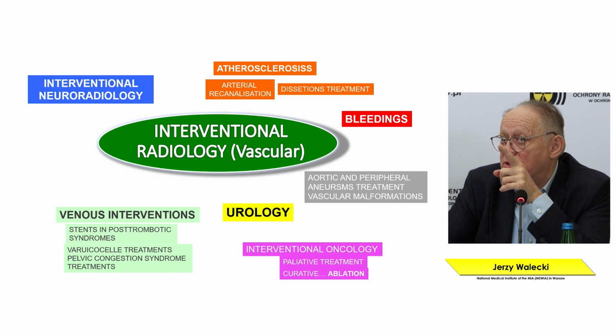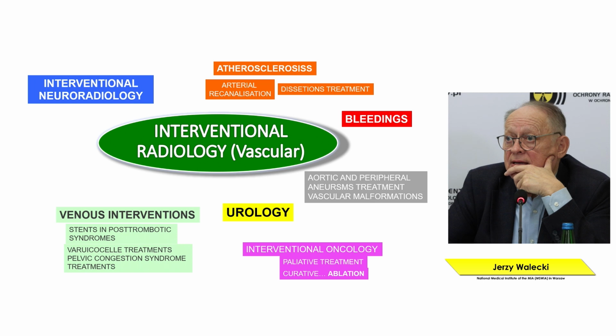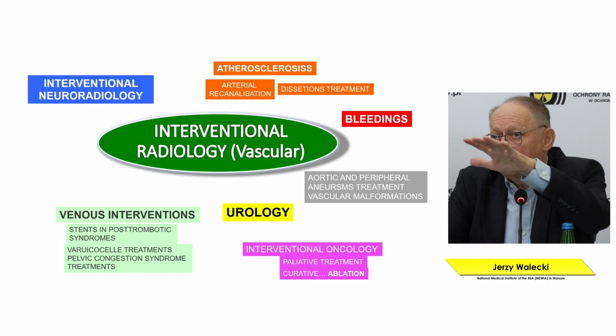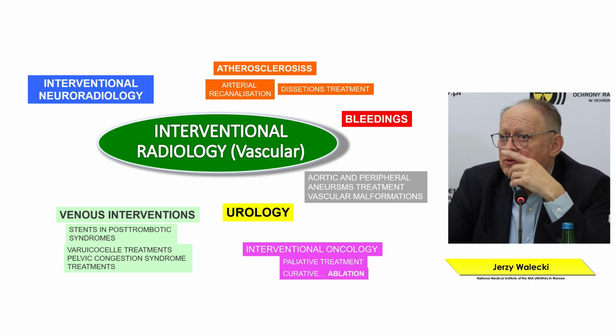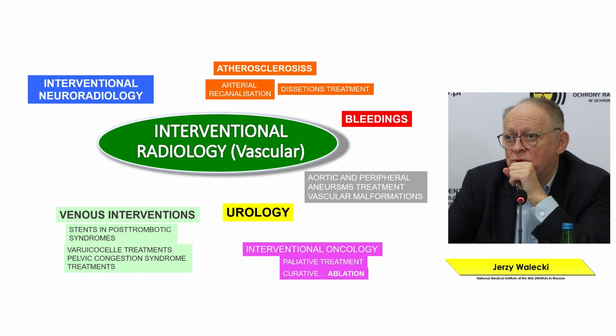So neuroradiology is mainly about counteracting bleedings, when we cannot embolize the effects of bleedings. Well, also urology, for example, is another field. As you know, renal tumors. That's very important.